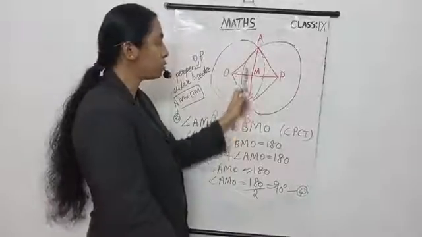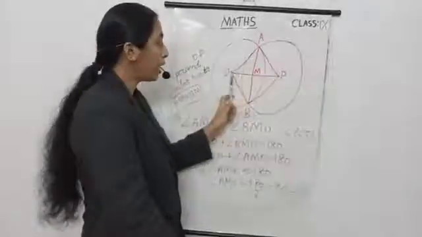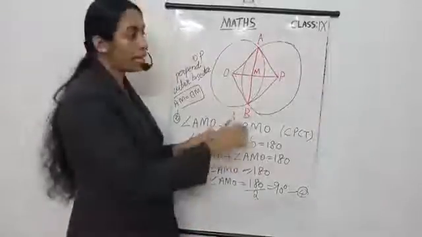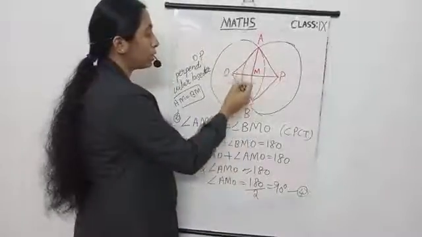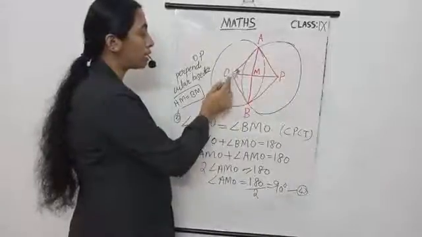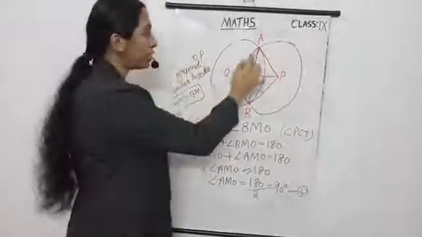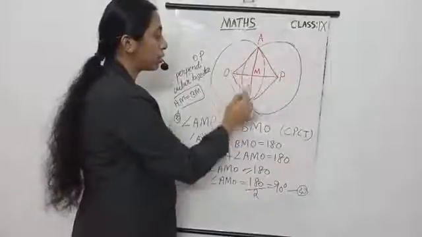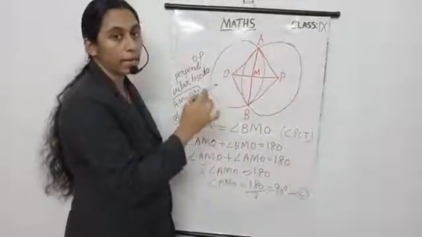Now consider triangles AOM and BOM. That means these two triangles. Then OA equals OB, radii, and this OM is common for both the triangles. Then these two angles are equal. So these two triangles are congruent according to SAS rule.